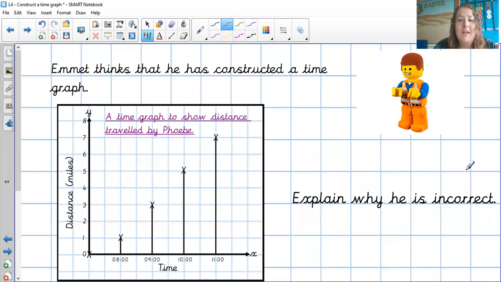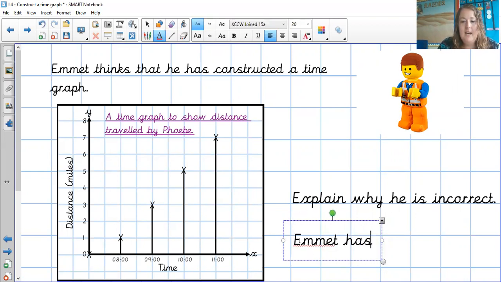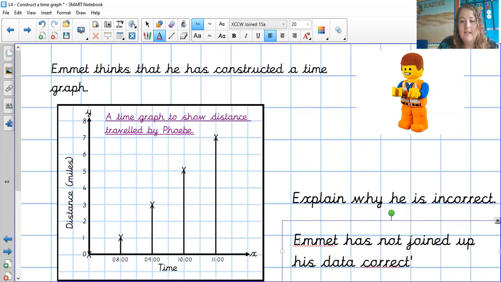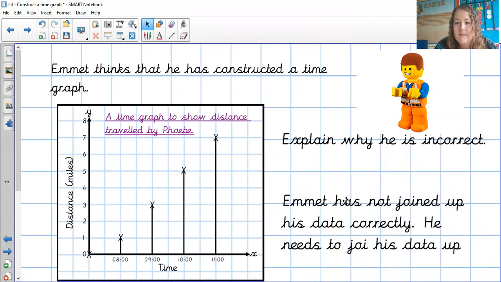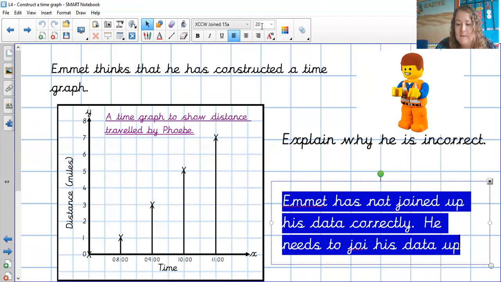Okay, hopefully you are telling me that Emmett has made a big mistake and he has tried to do bars with his line graph data. Emmett has not joined up his data correctly. He needs to join his data up. Let's make it a little bit smaller so it fits on the page there.